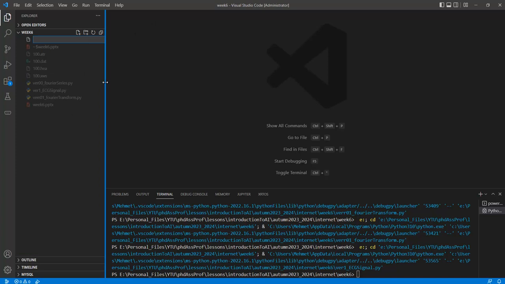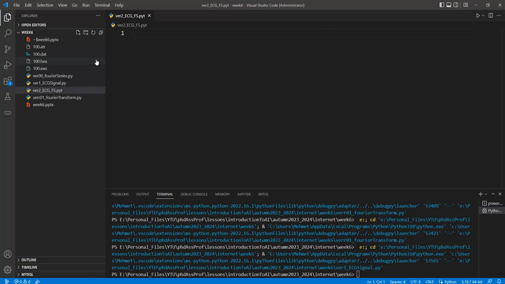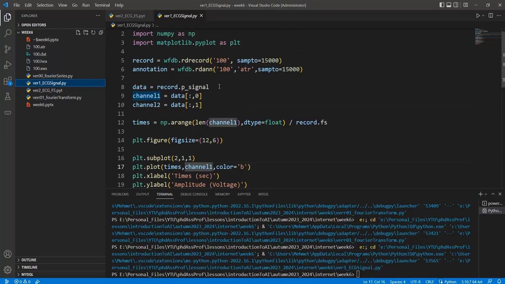Okay. For the Fourier transform we can use another function like this one, where 2 ECG fs dot pi. This ECG can be represented by using the Fourier series. Okay? This code is the same as this one.